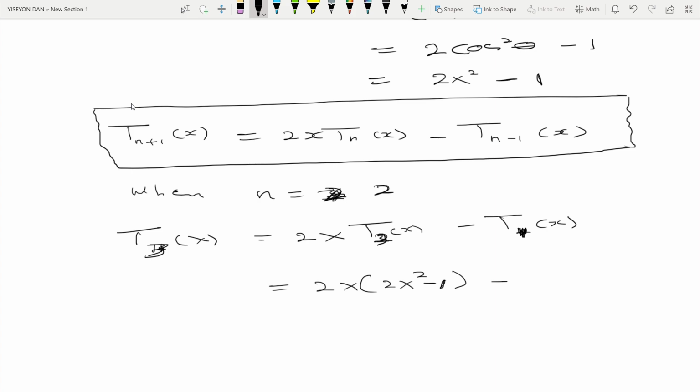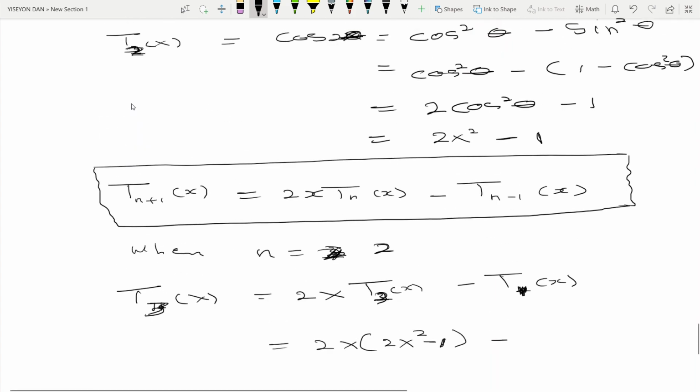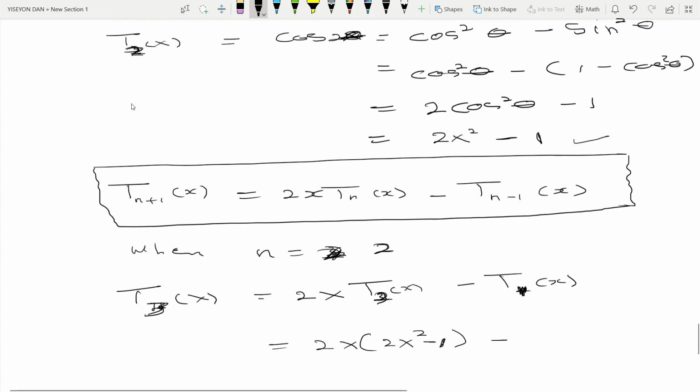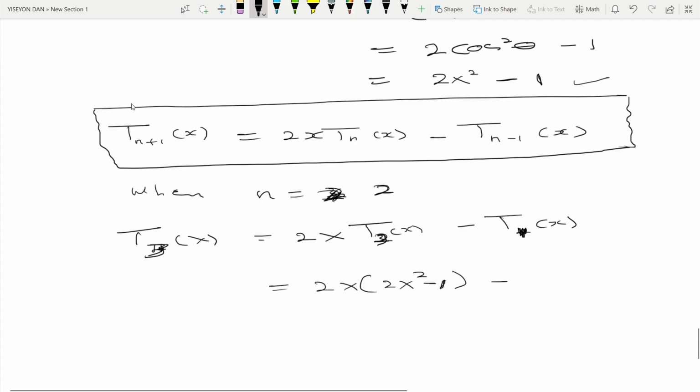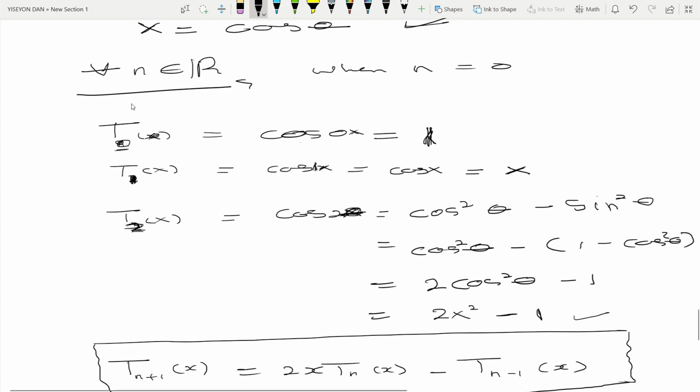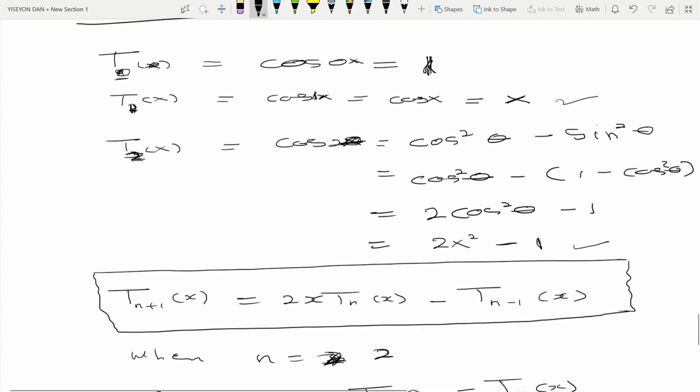We have T2 already: T2 is 2x squared minus 1, so we bring T2 back to this place. And T1, don't forget that our T1 up here is x. So we put it down.